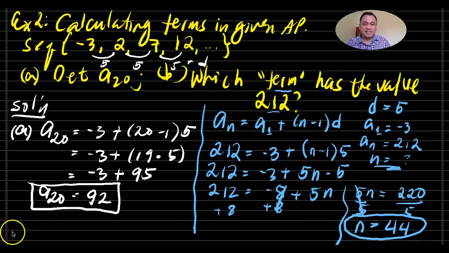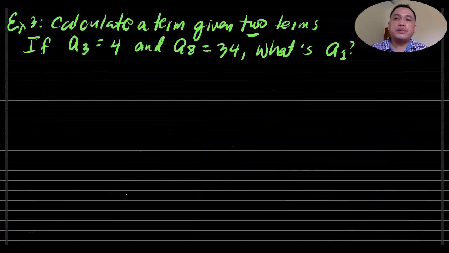Okay, easy, yeah? In this example, we're going to look at how to calculate a term given two terms. So in here, you're not given a sequence, you're not given an explicit formula, but you're only given two terms. So this time, if a3 is equal to 4 and a8 is equal to 34, what's a1?